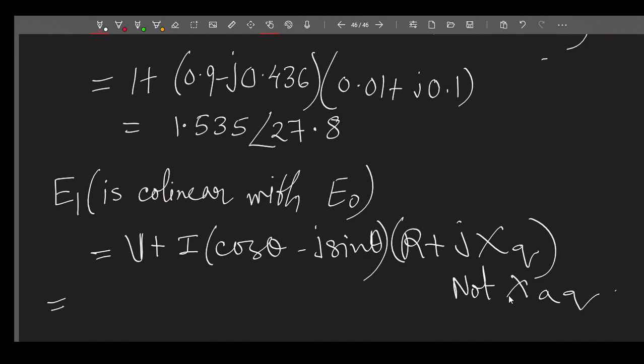Sorry, in this calculation I made some mistake. It is 1.056 angle 4.67. Yes, and this one, putting the values.